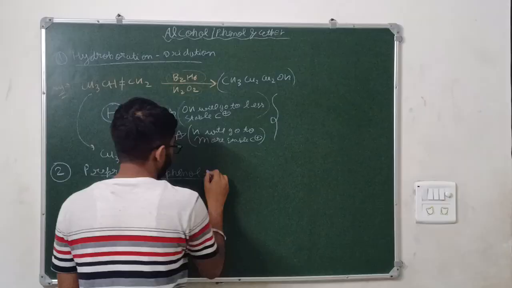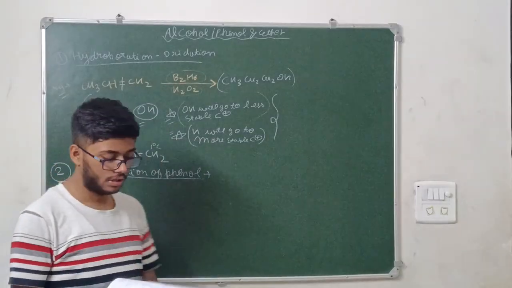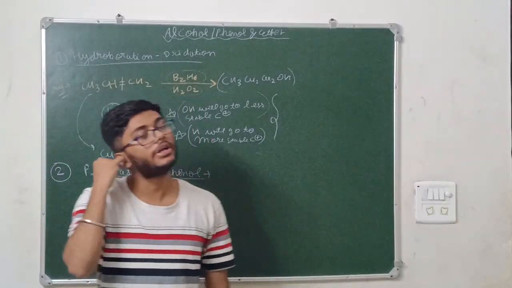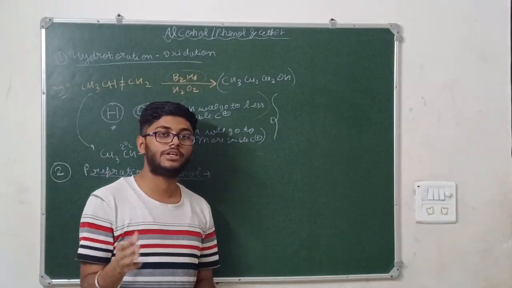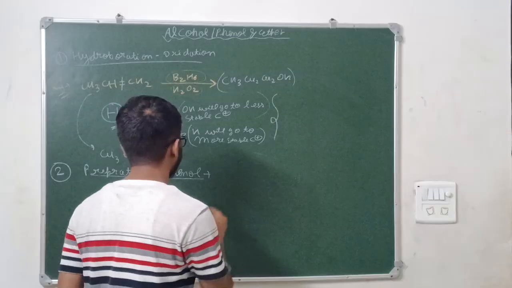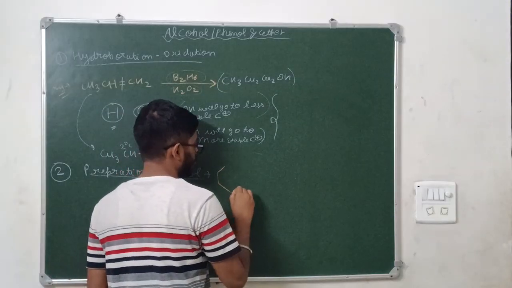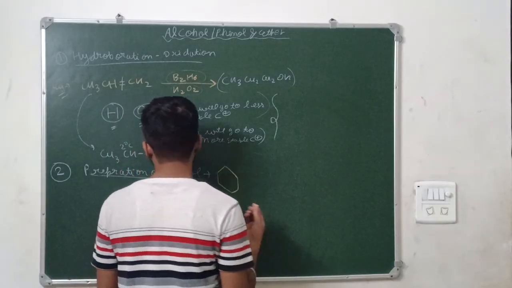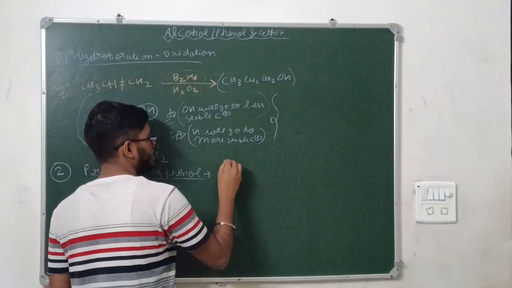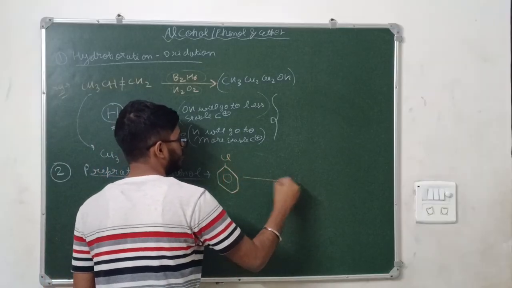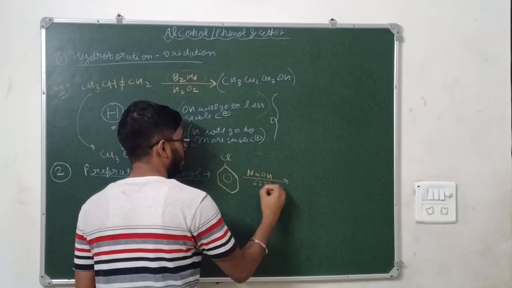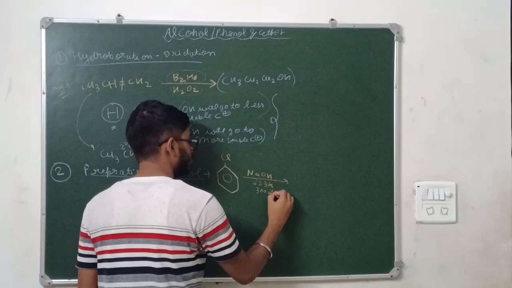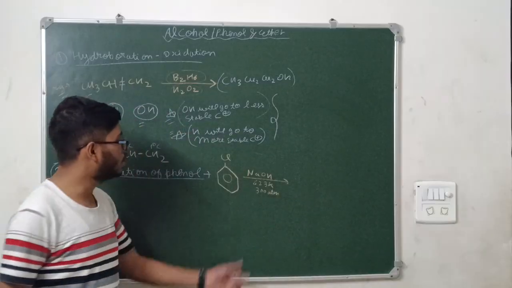See, phenol is prepared in many ways. The very famous method to prepare phenol is the Dow process, which we studied in the previous video. The Dow process is a very simple and accurate method to prepare phenol. You take chlorobenzene and react it with NaOH, sodium hydroxide, at 623 Kelvin and 300 atm pressure.